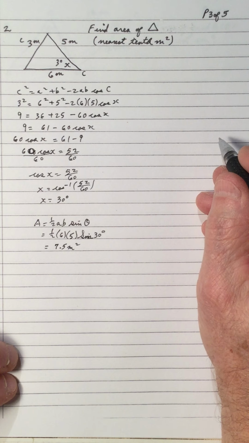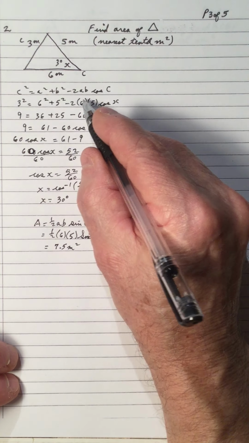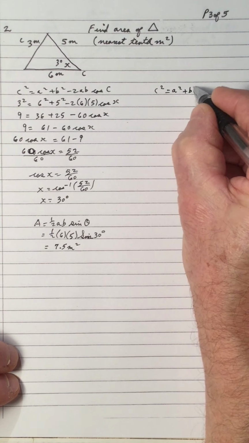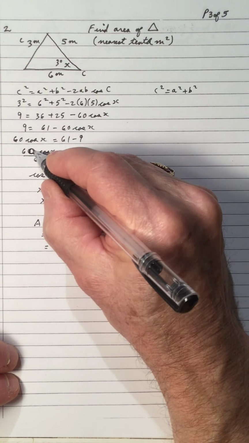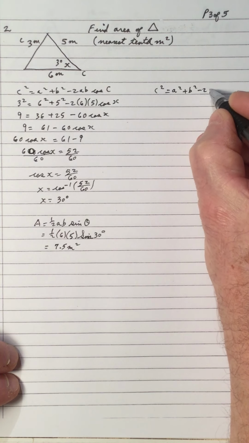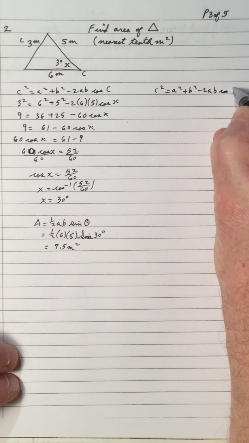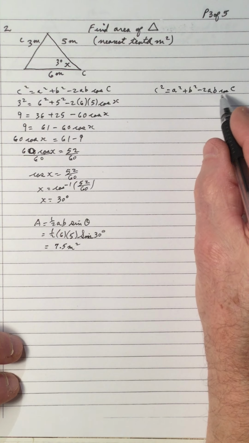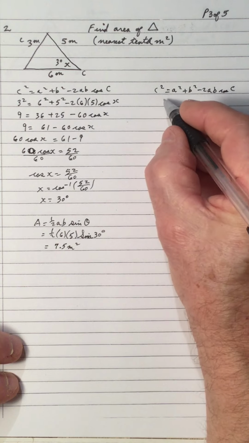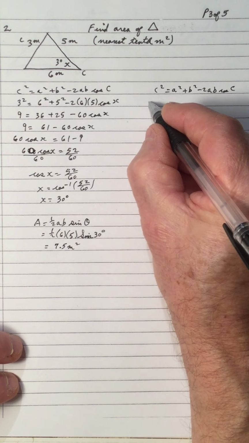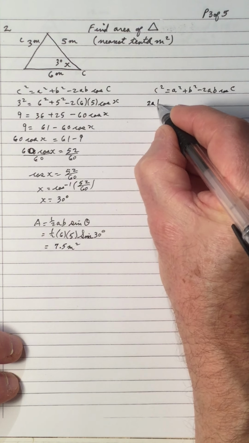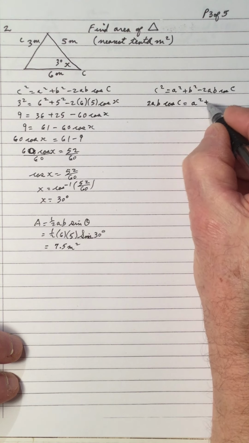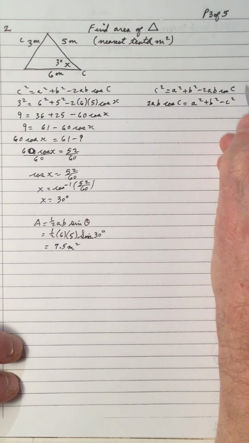And another way to work this out, remember, we looked at it, notice I worked this right on through, but if you are inclined, solve it for cos C. So bring the negative 2 over to make it positive: 2ab cos C is a squared plus b squared minus c squared.